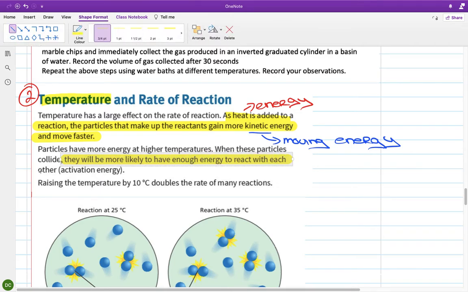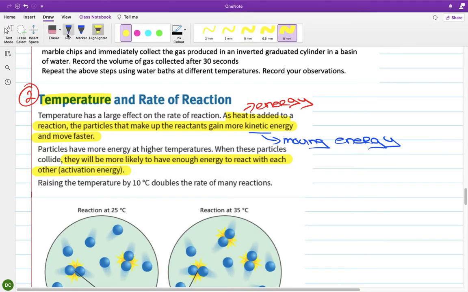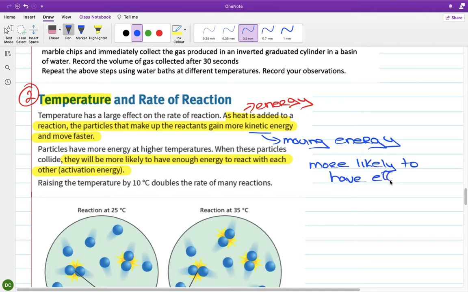They're more likely to have what are called effective collisions. Remember we talked about them? I'll write that whole sentence actually. So they are more likely to have effective collisions. Effective collisions mean that when they collide, they will react.